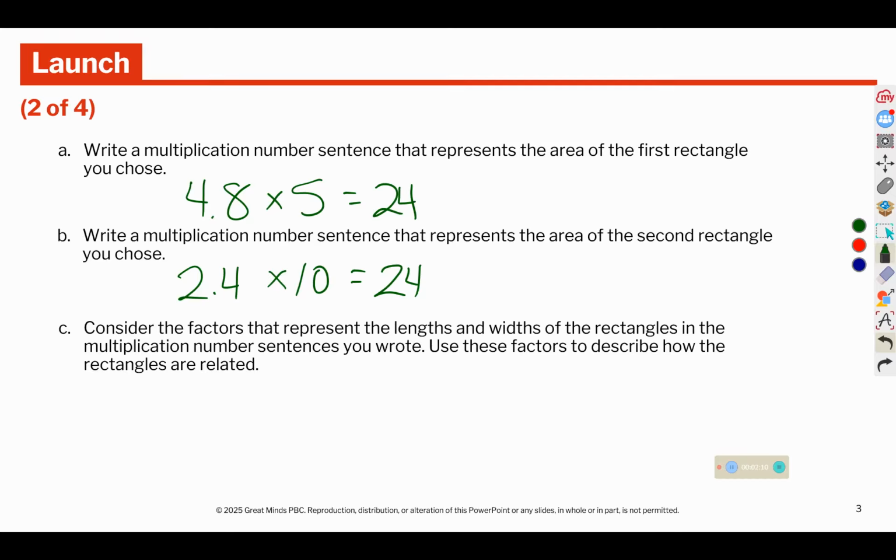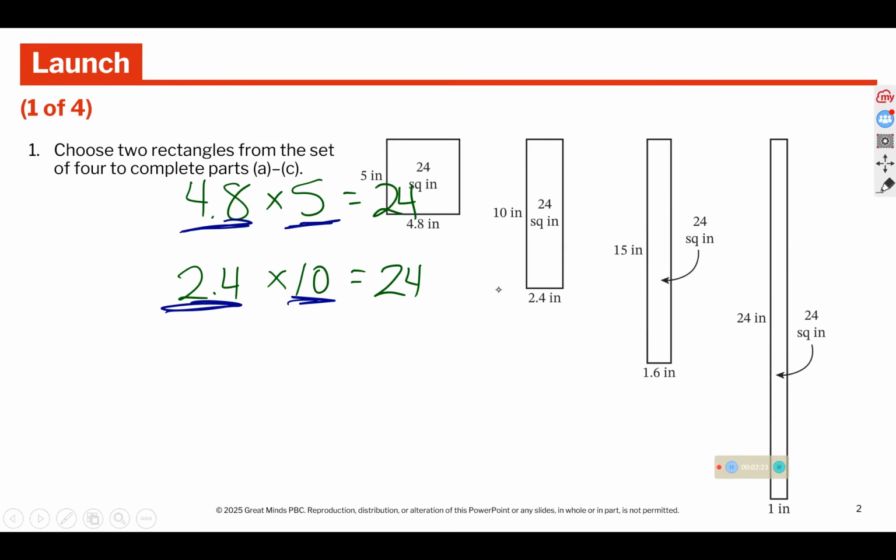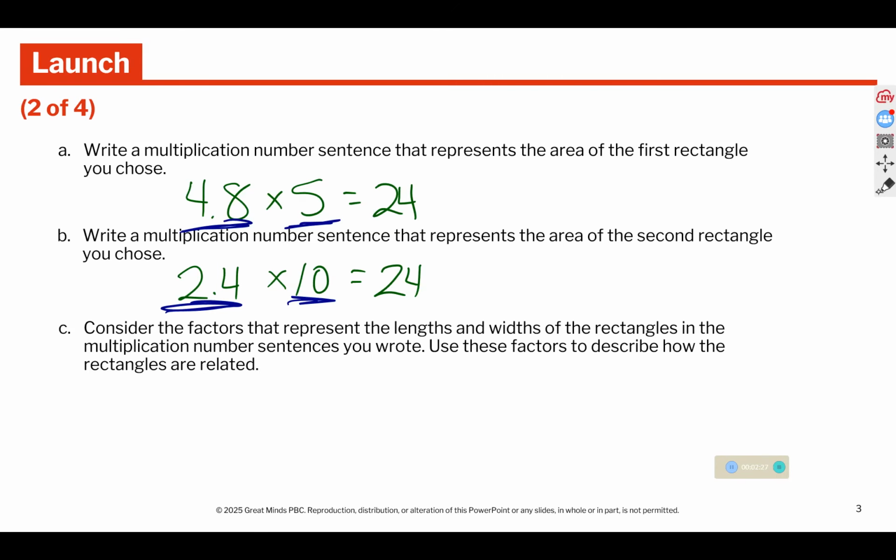You can see here that the dimensions is twice in this category, but half over here. So the base is half the size, but the height is twice the size.